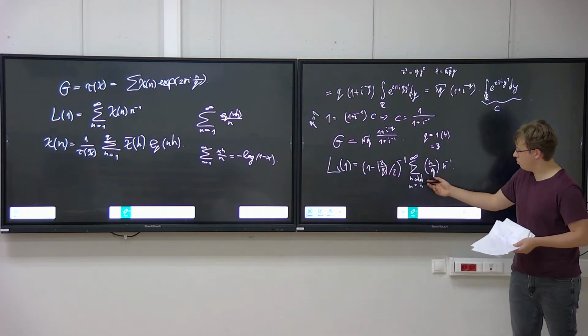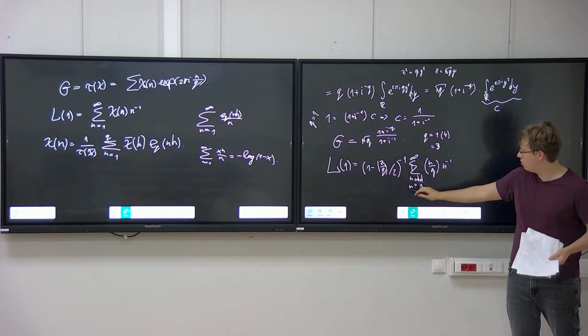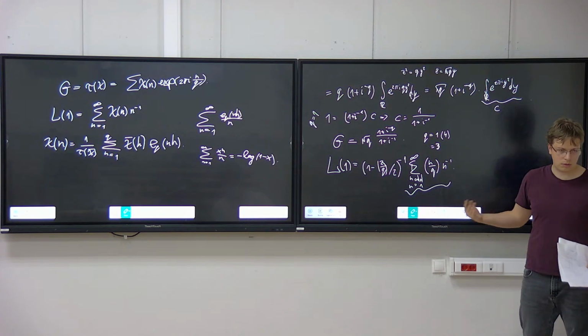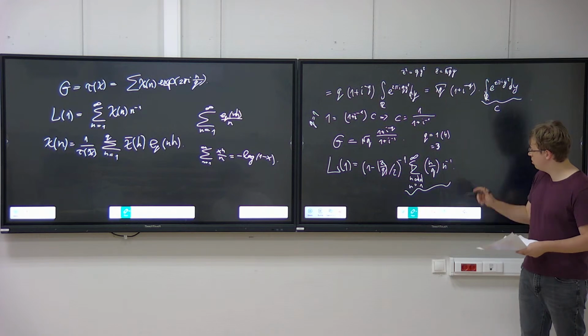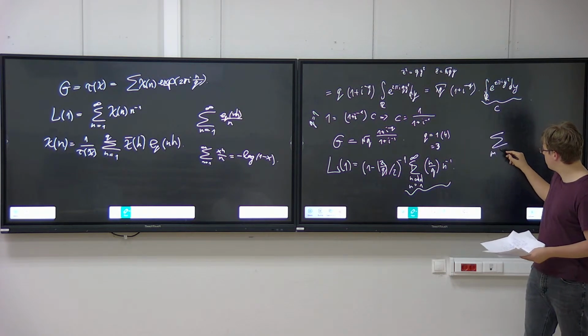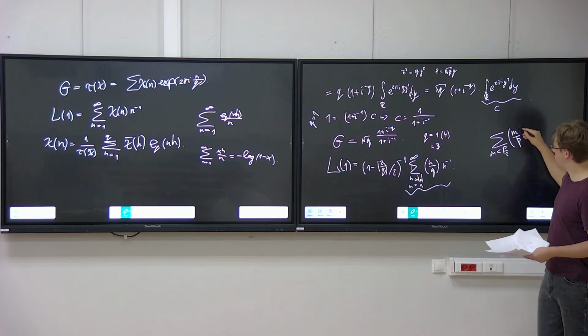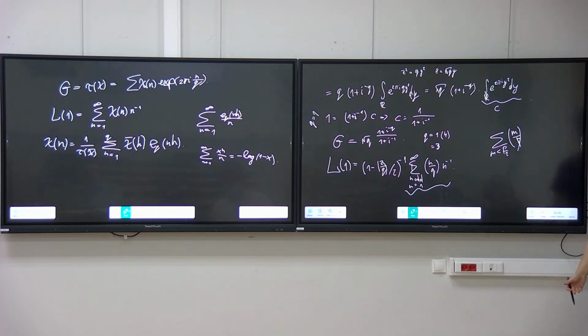And now use just the same for this sum, and you will get an expression which includes the sum over m less than p over 2 of such Legendre symbols, and you will see that it is positive if p is 3 modulo 4, and of course it's 0 if it's not.